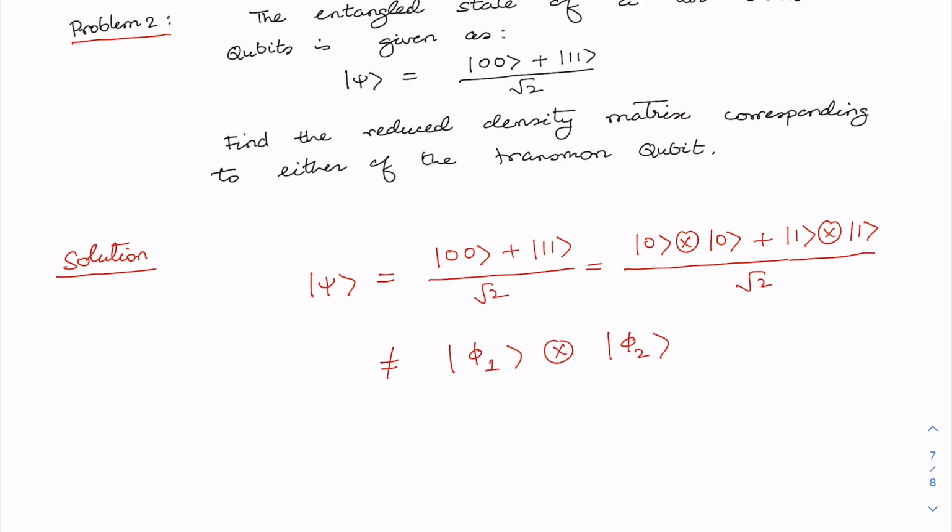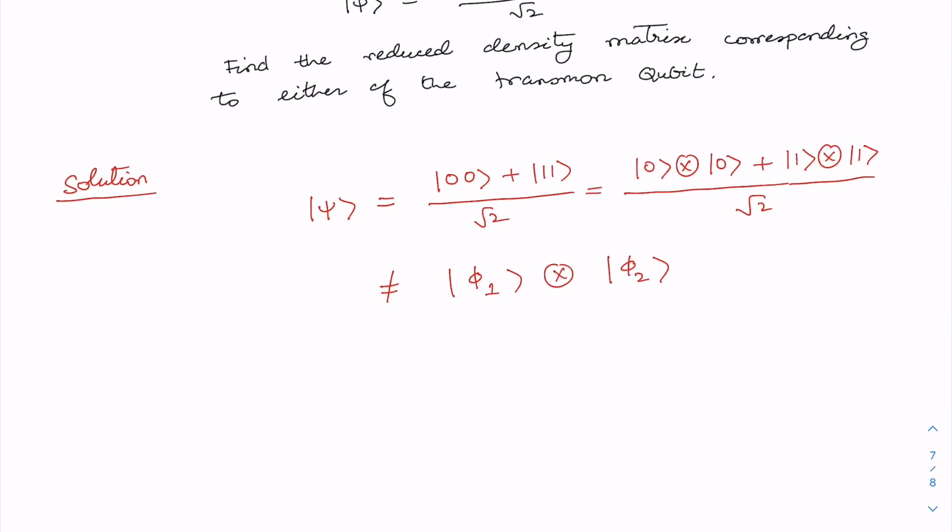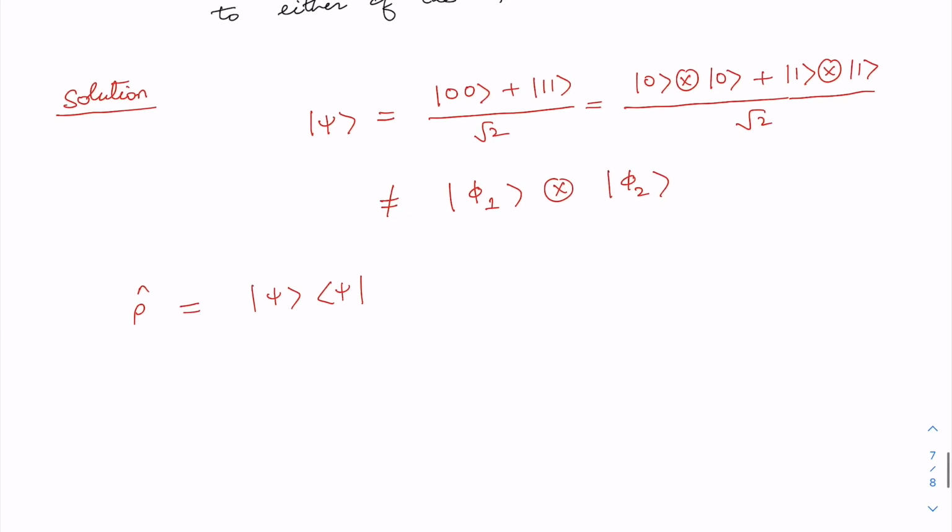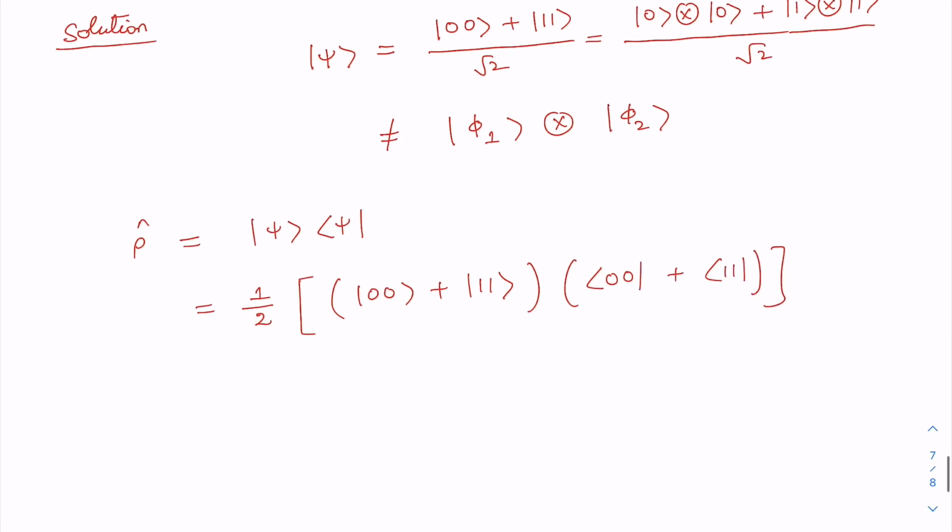Now to solve this problem, let me first find the density operator. So rho would be equal to ket psi bra psi. Take the outer product, then let me write the terms explicitly. Because of 1 by root 2 times 1 by root 2, I'll have half here, and here I have ket 00 plus ket 11, and then bra 00 plus bra 11.